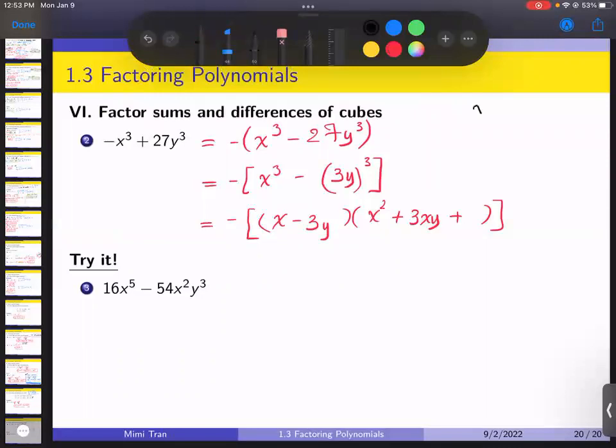Almost correct. 3y times 3y is 9y squared. It's a common mistake. If you have that common mistake, write it out. So 9y squared. People just square the letter but not the number. Then you're done. You don't even need that bracket at the last step if you don't want to.